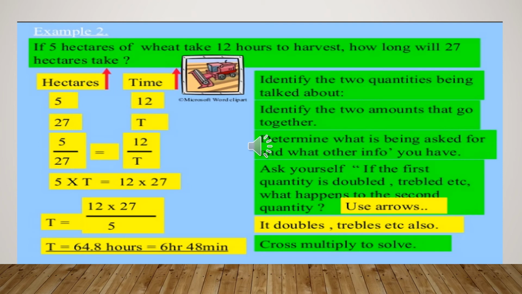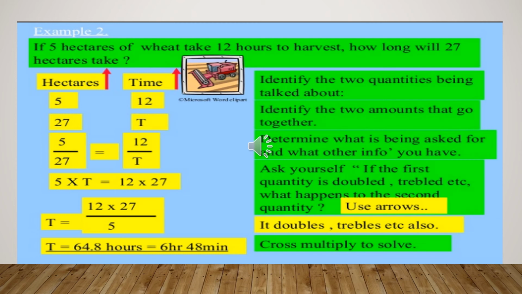Then you have to determine what is being asked in the question and which information is already given. After that you have to see the nature of the question, then cross multiply and solve for the unknown quantity. From the question you can see that if it is taking 12 hours for 5 hectares, then definitely for 27 hectares it is going to take more hours, more than 12 hours.